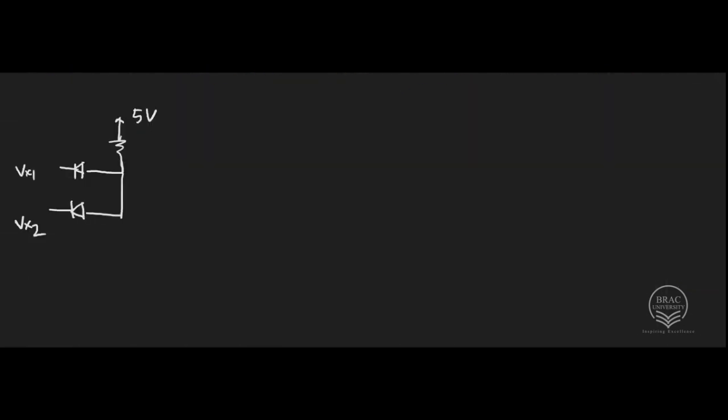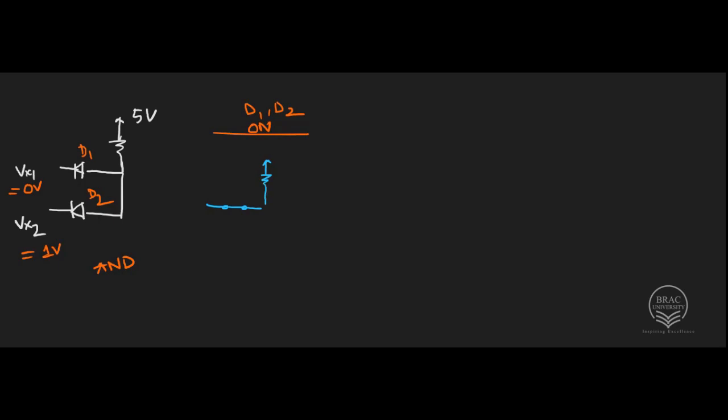Now this is the circuit diagram of logical AND operation. Say Vx1 has a value equal to 0 volt and Vx2 equal to 1 volt. What will happen? Now say I consider that D1 and D2 both are conducting. If both are conducting, D1, D2 both are on, at that time we can represent both with short circuit.